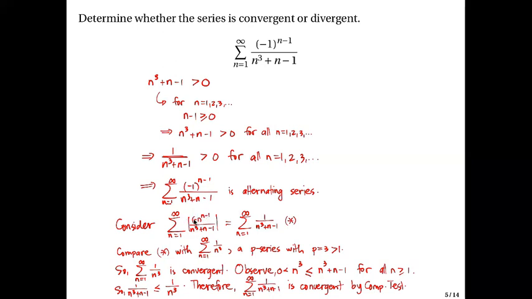So to conclude, let me just write it there: the sum of -1 raised to n minus 1 over n cubed plus n minus 1, from 1 up to infinity, is absolutely convergent.